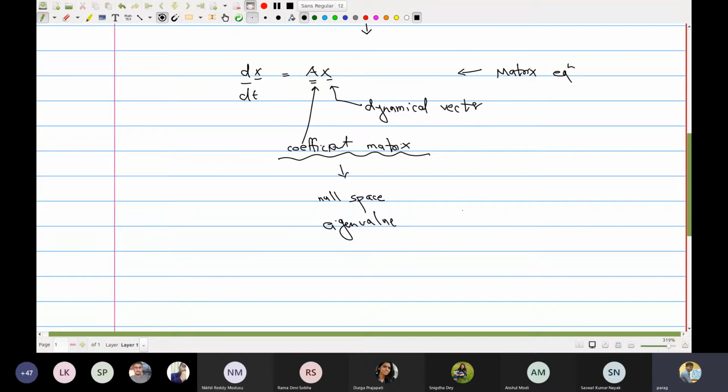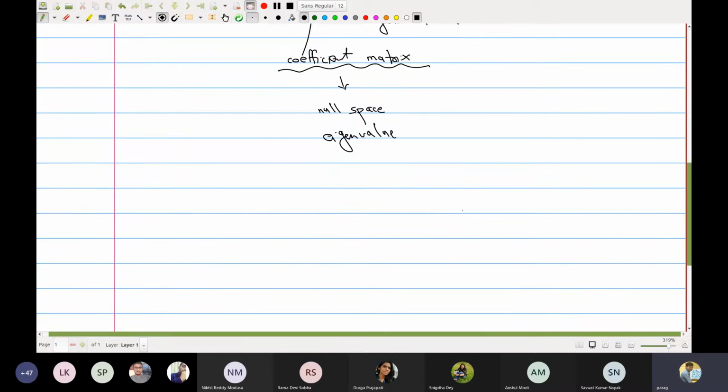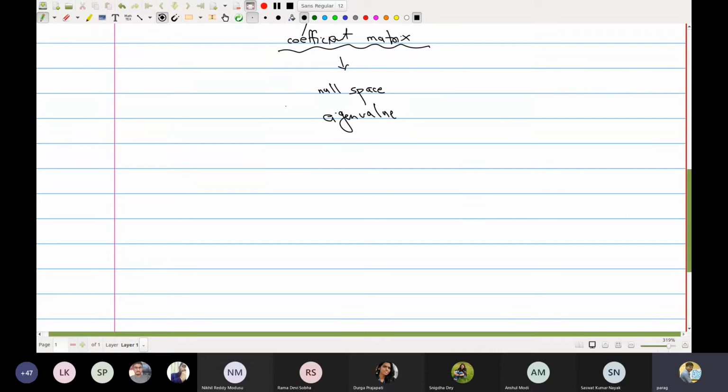So now the similar concept can be extended in case of the transform domain modeling. So in transform domain analysis, what do you do? Well, you write the model equations, right?